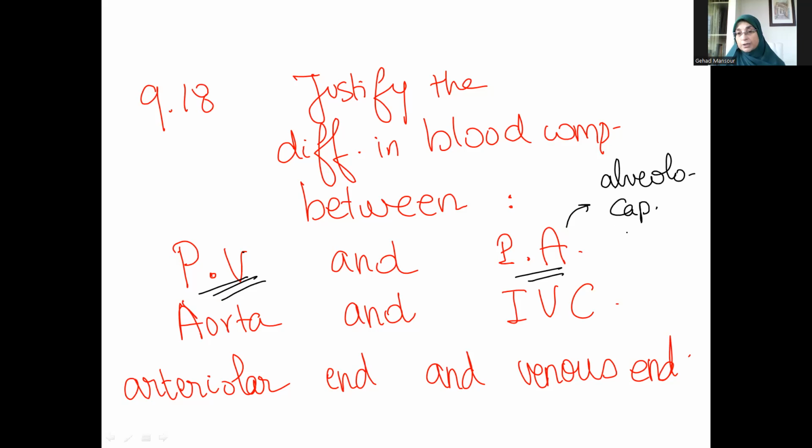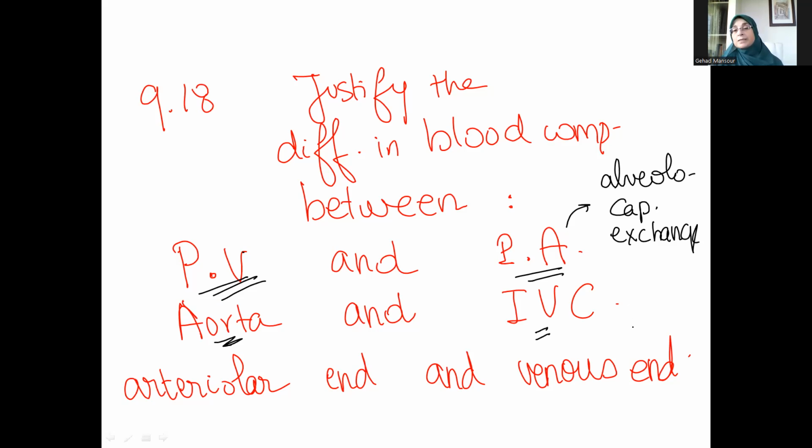alveolo-capillary exchange. Okay? Similarly, if you want to talk about the difference between the aorta and the inferior vena cava, you have to talk about tissue capillary exchange on one side.